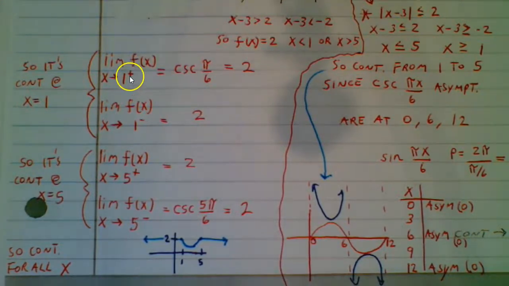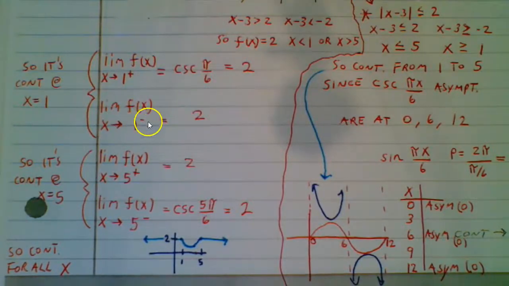If we approach 1 from the right, that would fall under the domain of our cosecant graph because of this statement right here. So that makes it our cosecant graph. So if I plug direct substitution of 1 into my cosecant function, I get the cosecant of pi over 6, which is 2. So the limit of f of x as we approach 1 from the right is 2.